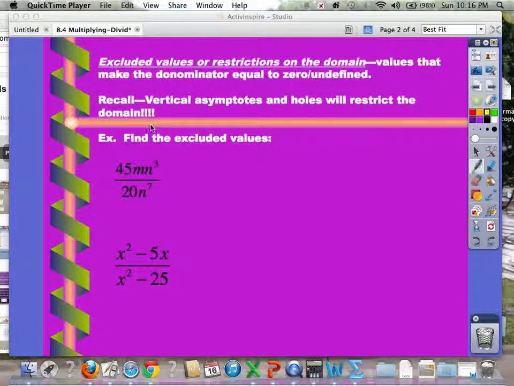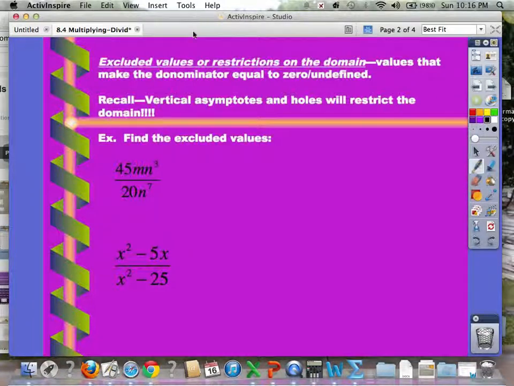Those values that make that denominator equal to 0 or undefined. Recall, vertical asymptotes and holes will restrict the domain. So the first thing we're going to do is find the excluded values. You want to simplify this first.